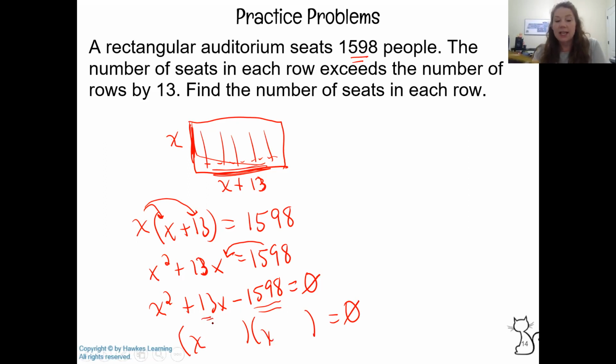To tell you the truth, guys, this is a guess and test. We want two numbers that multiply to give 1,598, and they're 13 apart. So I'm just randomly going to start dividing 1,598 by numbers.